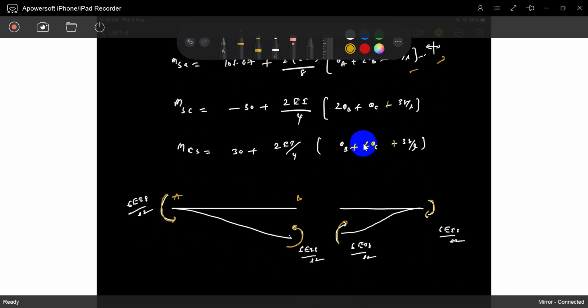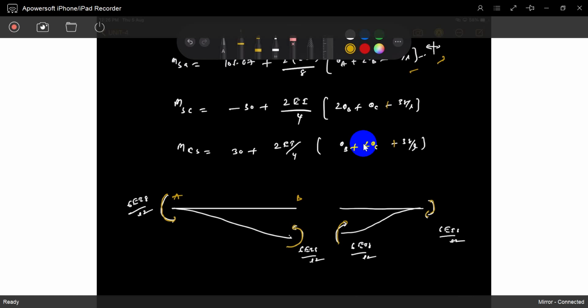Sir, how can we write like this? How can we remember? You don't need to remember, but if you just draw the free bodies, you will easily get it.